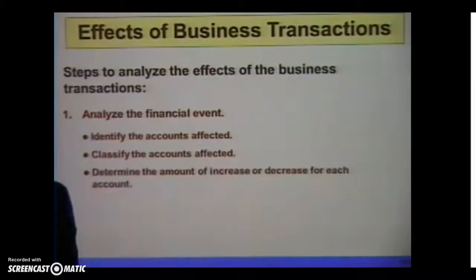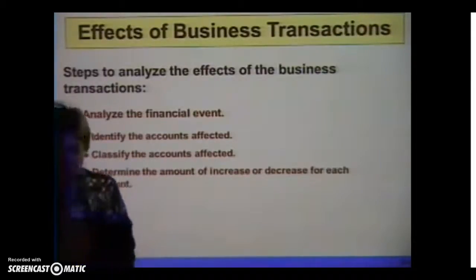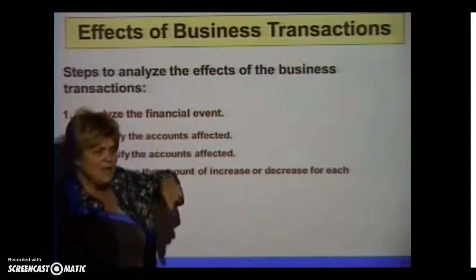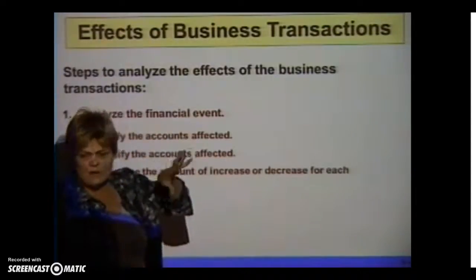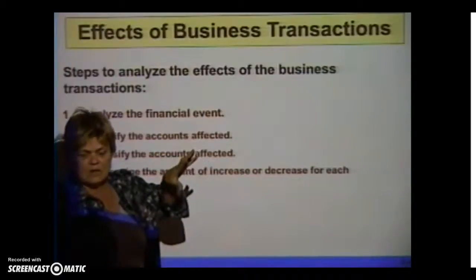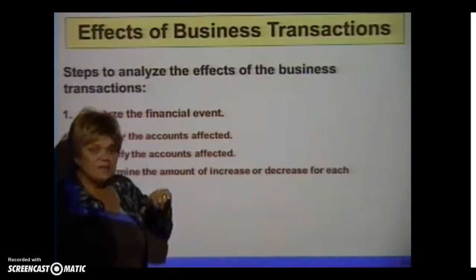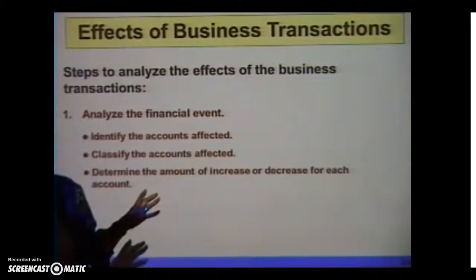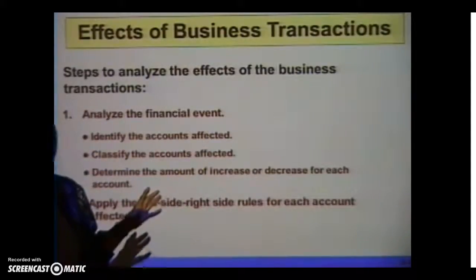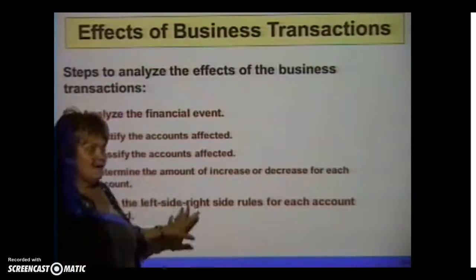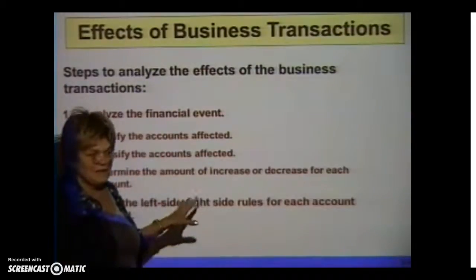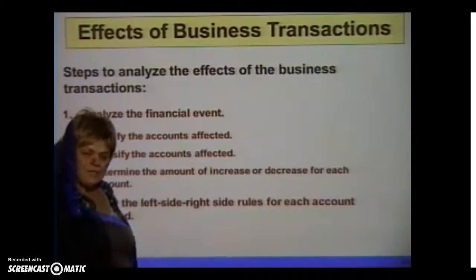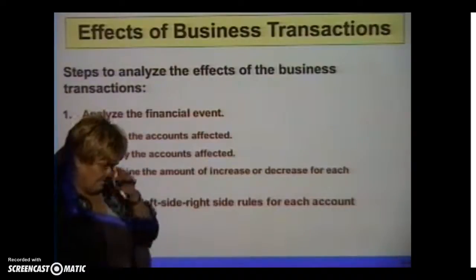So, then what? Then we have to determine, well, okay, did cash go up? Did cash go down? Did owner's equity go up? Was it increased? Or was it decreased? So that's the next part of our analysis. Then we're going to talk here in a minute about the left side and right side of each account and apply those rules. So there's a rule for each kind of account.